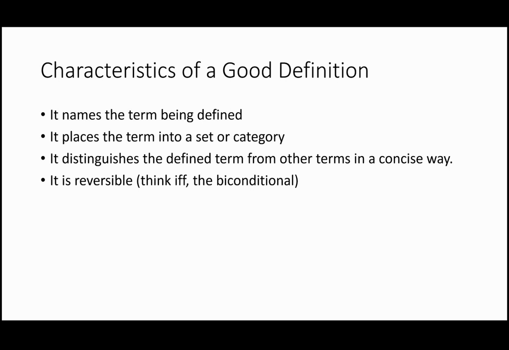And then also, and this one is very much akin and leading back to something that we learned in Chapter 2, good definitions are reversible, which means you should be able to use the words if and only if in the wording of the definition, and that should work. So it's therefore biconditional. That's a key word that was introduced in Chapter 2, Section 3, if I'm not mistaken, when we talked about biconditionals for the first time.